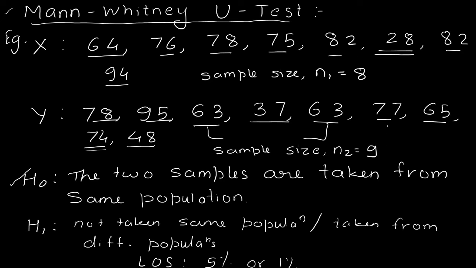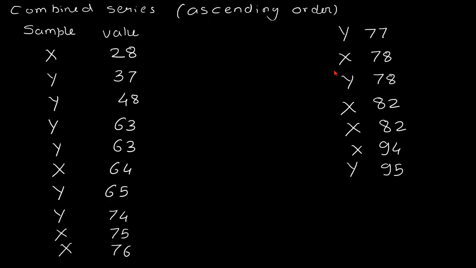Clearly in this case n1 is not equal to n2. In this Mann Whitney test, there is no restriction that both sample sizes should be equal. This also tells us that both samples are independent, not paired or dependent on each other.